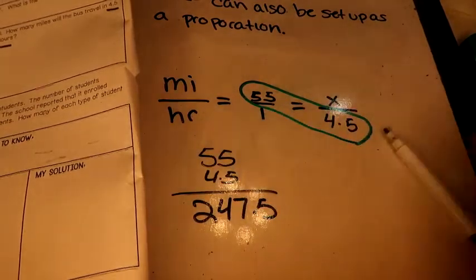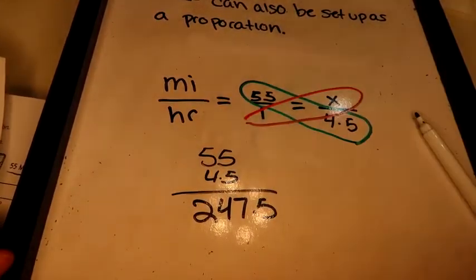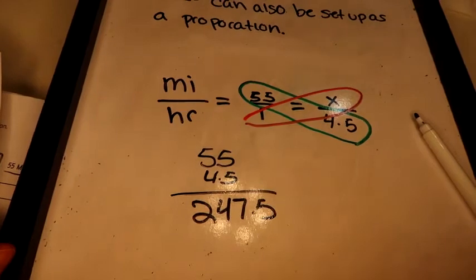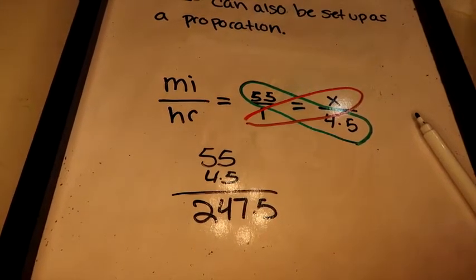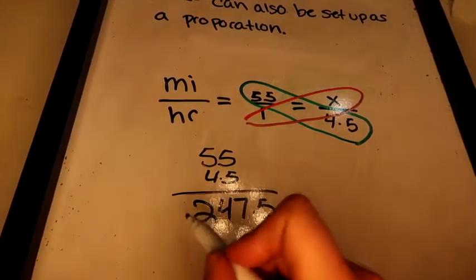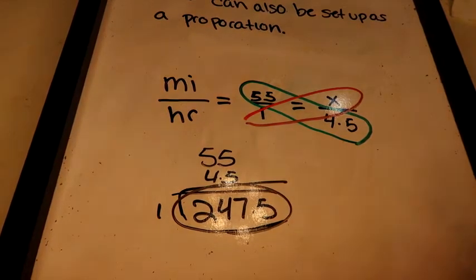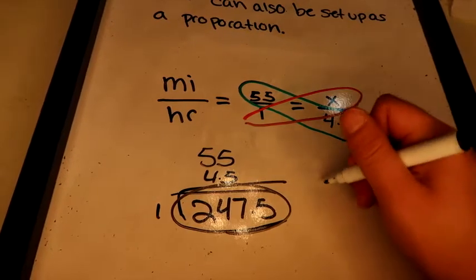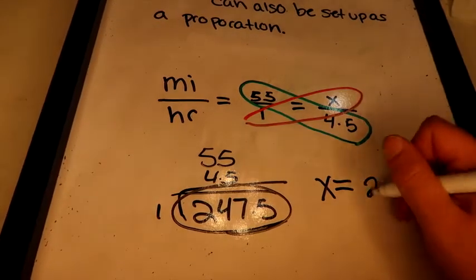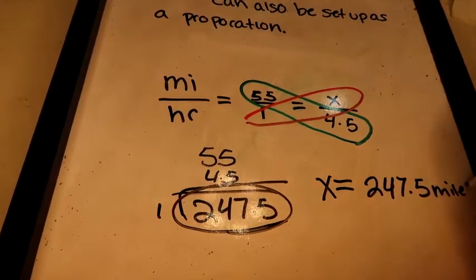And then we have to divide that number by 1. Now this one I can do in my head. What is 247.5 divided by 1? My answer is 247.5. So x equals 247.5 miles.